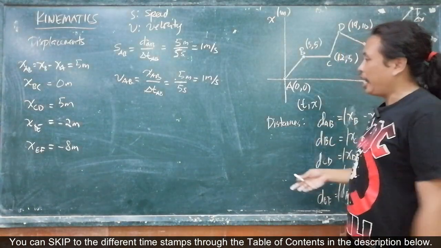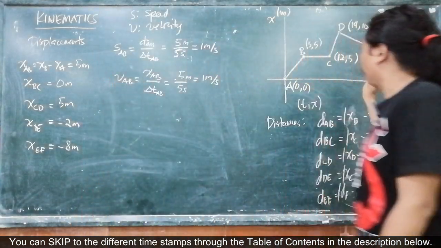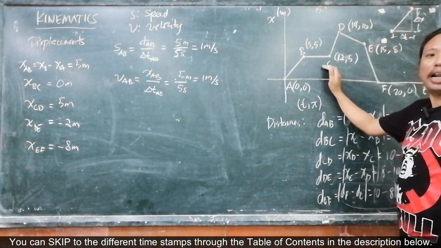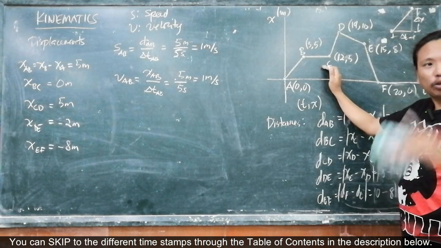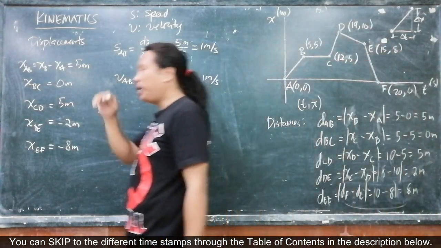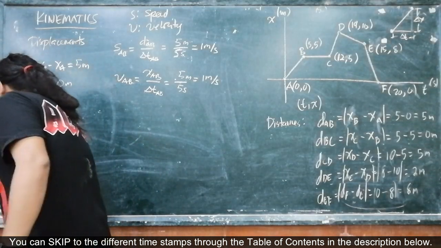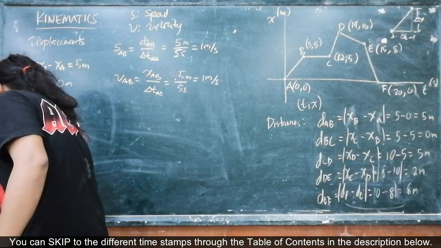So what's the velocity then? The velocity is defined as just the slope of the line connecting the two terminal points. Nakuha? No? It's the slope of the line connecting the two terminal points. So I'd like to note that one here.